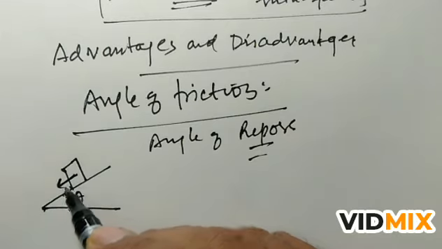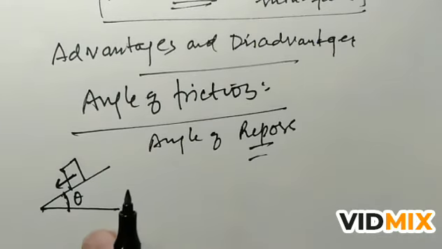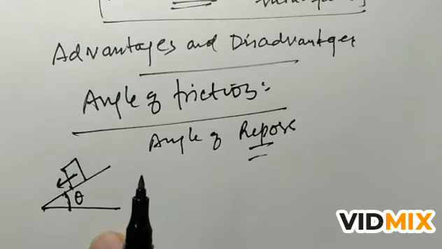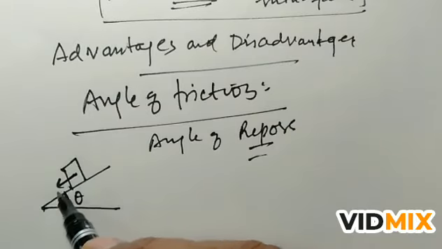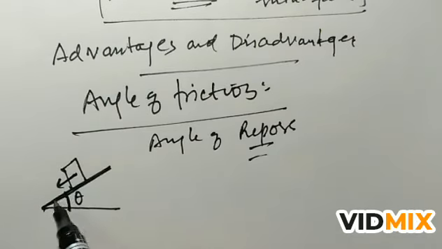So the angle of friction is defined as the angle which the resultant of limiting friction and normal reaction makes with the normal reaction. This is also called angle of repose. So when the body starts moving at a certain angle of inclination, this is called angle of repose.